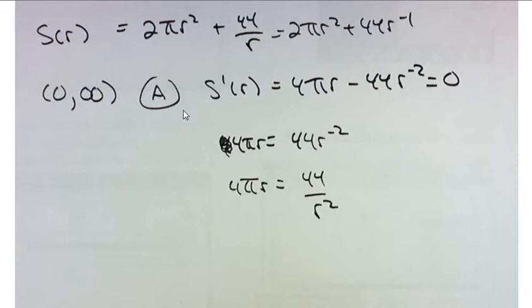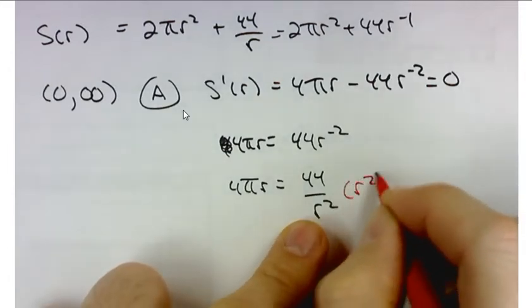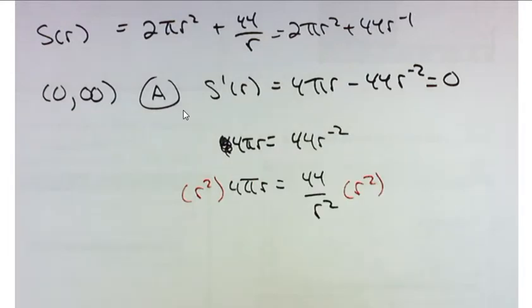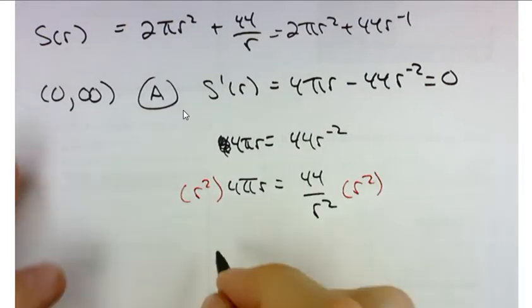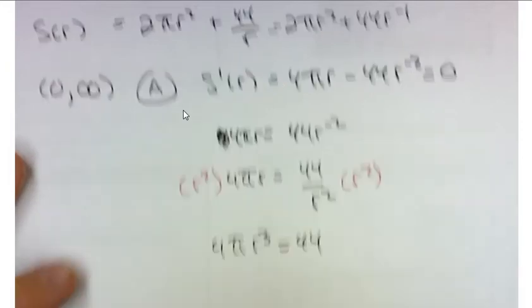Suggestions on how to solve there. Yeah, multiply both sides by r squared. So I get 4 pi r cubed equals 44.